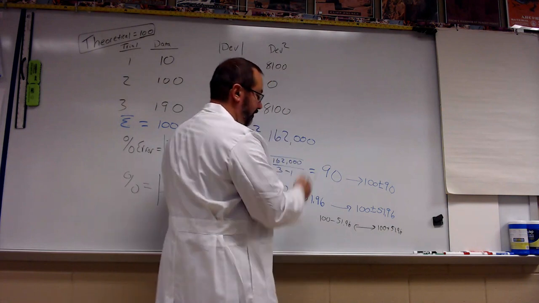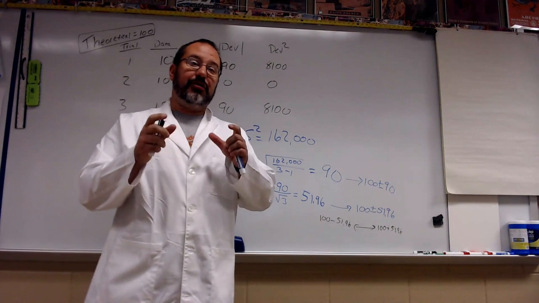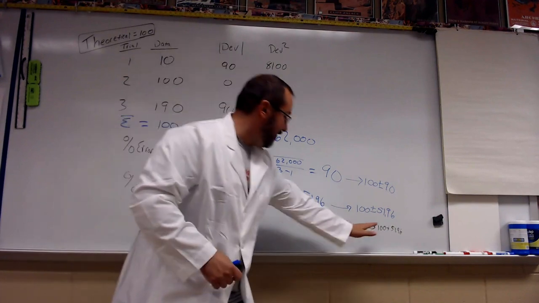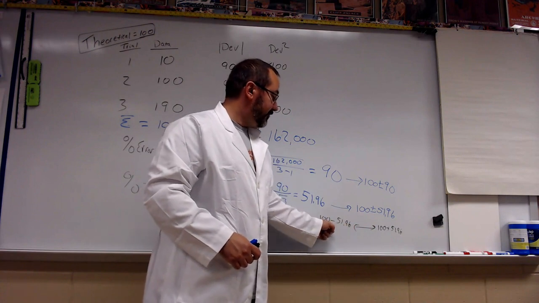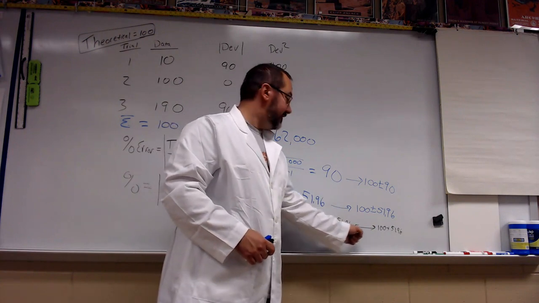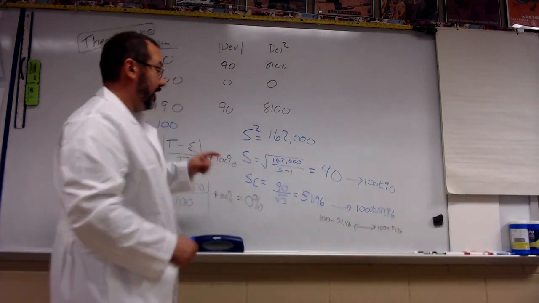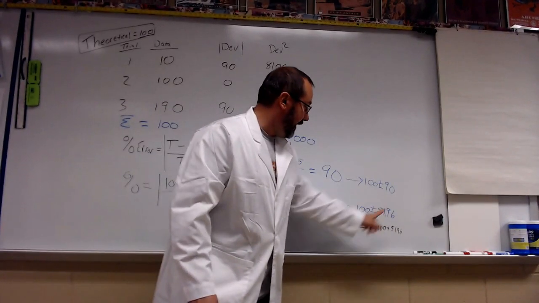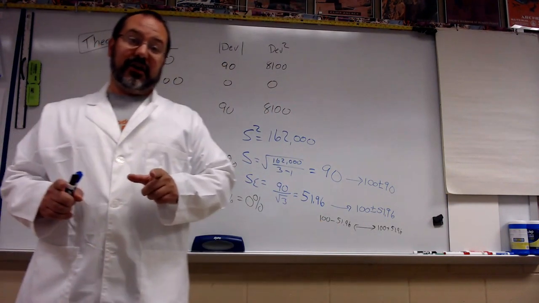That gives you a range to see if your theoretical value falls within there. The theoretical value does fall within this range. And that's what this 100 plus or minus means. If the theoretical value falls within there, we could say the data is accurate.